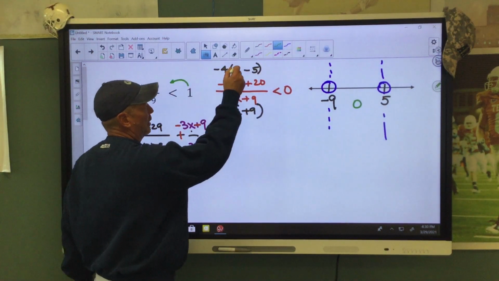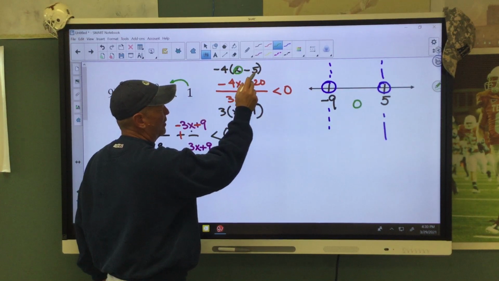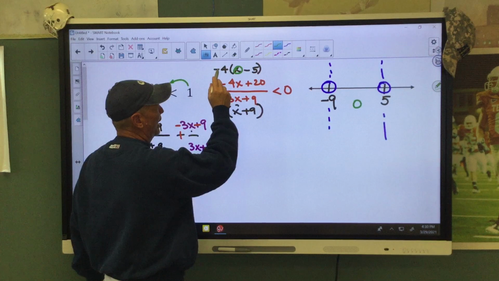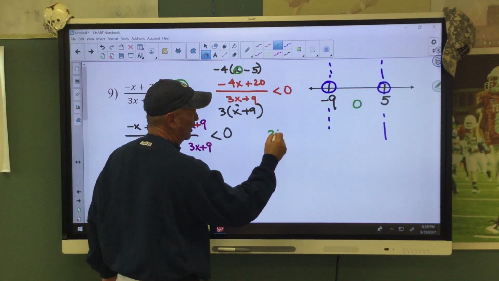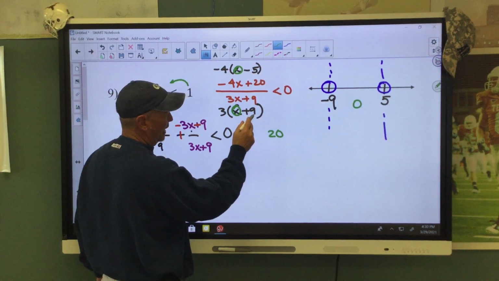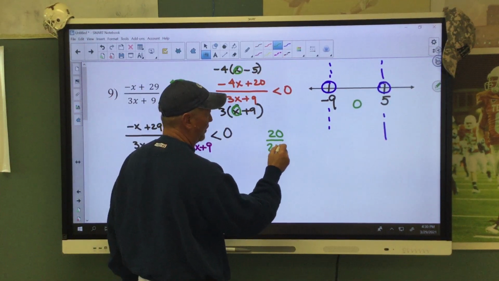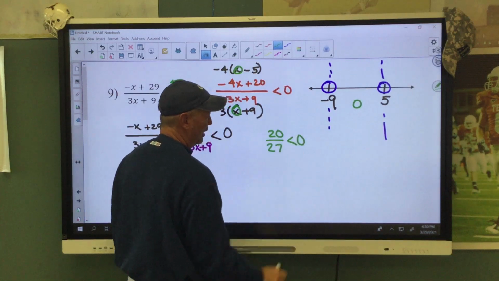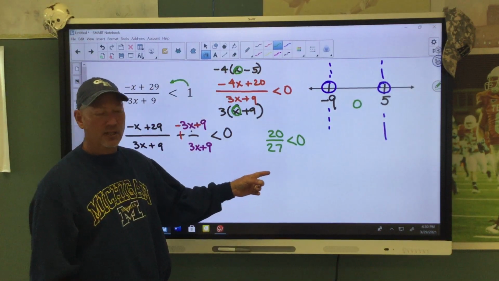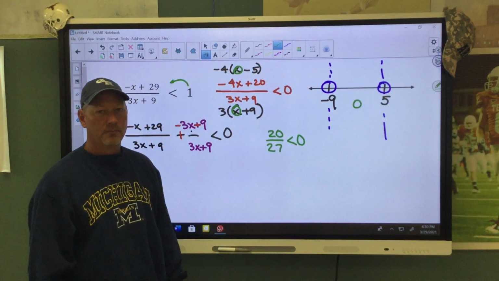Okay? 0 minus 5 is a negative 5 times negative 4 is a positive 20. 0 plus 9 is 9. 9 times 3 is 27. Even though it's a fraction, it's a positive number. Is a positive number less than 0?